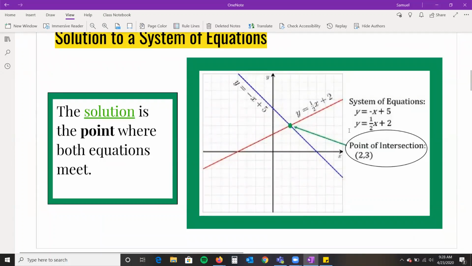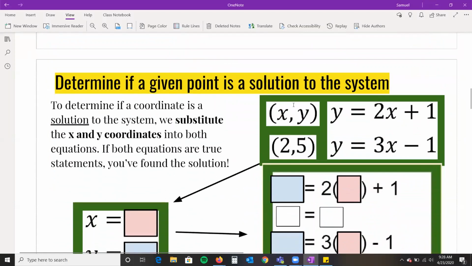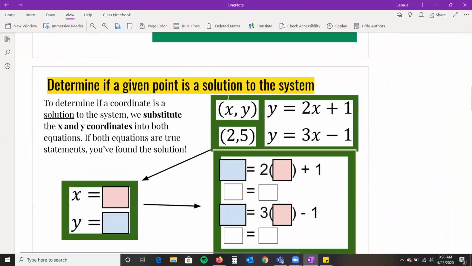We just did a Kahoot on that. And by the end, you guys were all getting it right. Okay, so the solution is the point where all the equations meet. And it says both, but there could be more than 2 lines. For this grade and I think 9th grade, you'll just have 2 lines. Okay. All right. So then it says we also need to determine if a given point is a solution to the system.